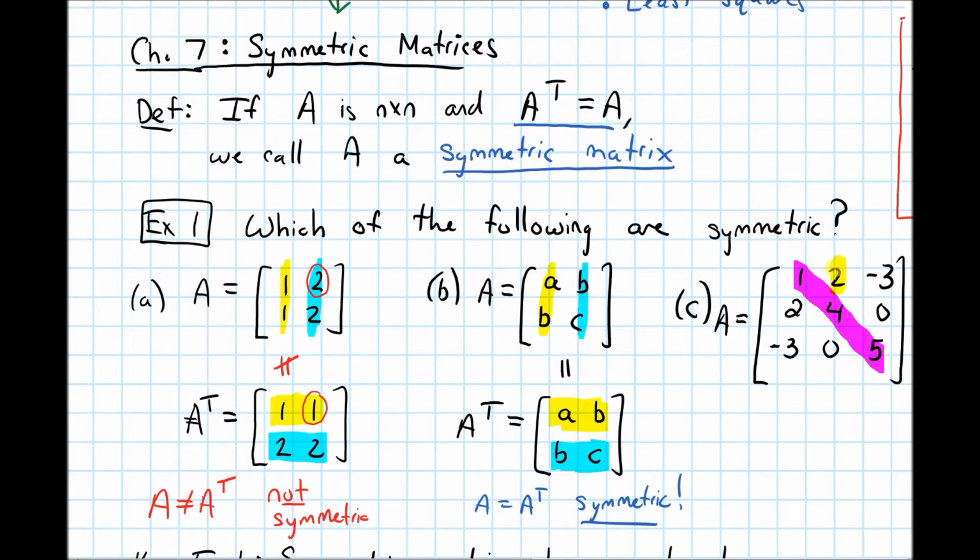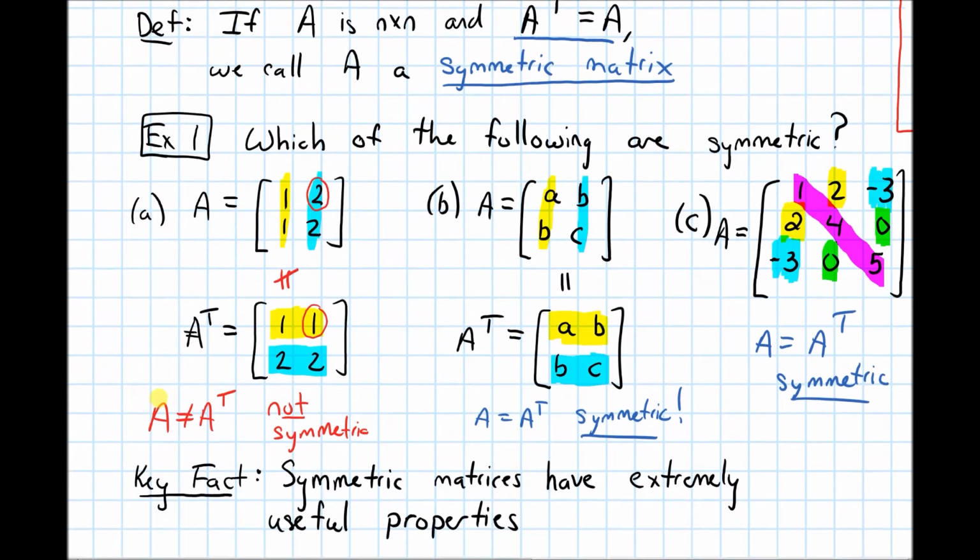For example, this element and this element are mirror images of each other. Those two entries, the 2's, are the same. What's mirroring this -3? It's that -3. They're the same. And what's mirroring this 0? It's that other 0. So clearly here, A equals A transpose, and this matrix is symmetric.